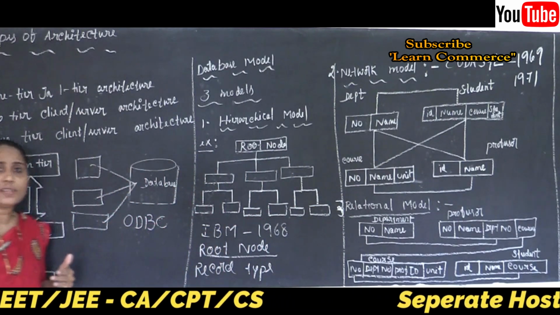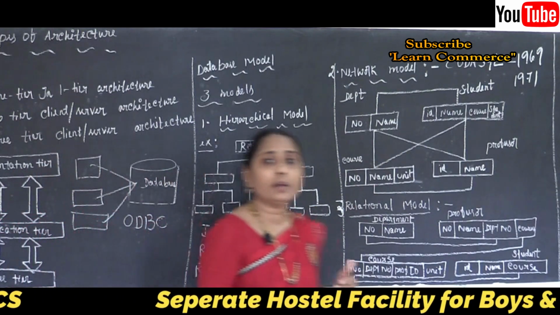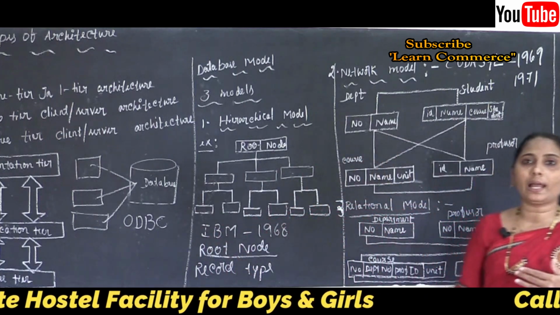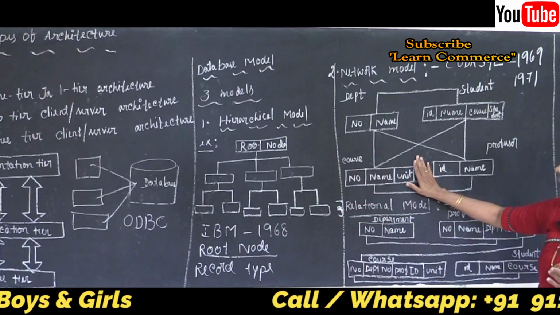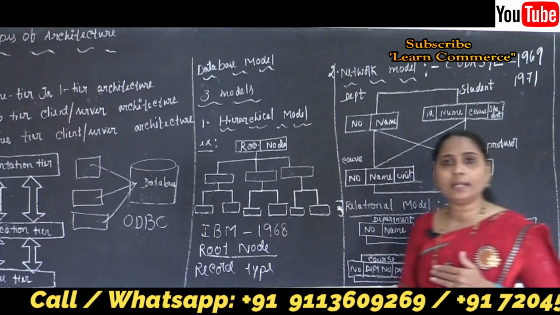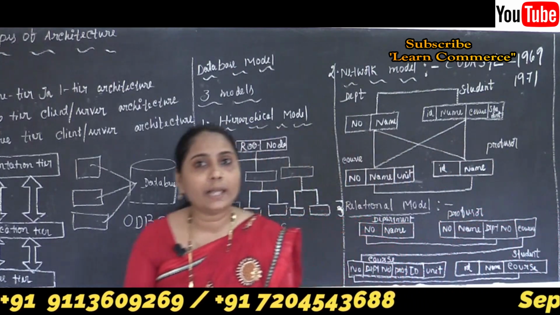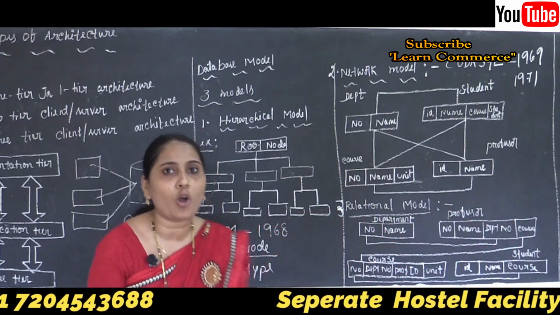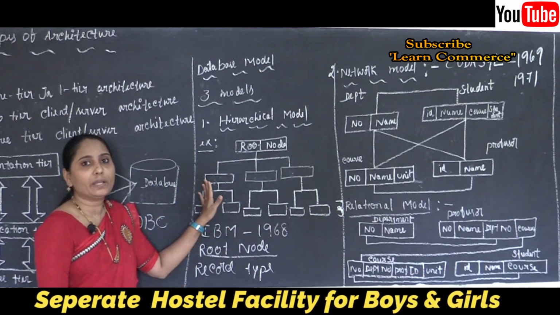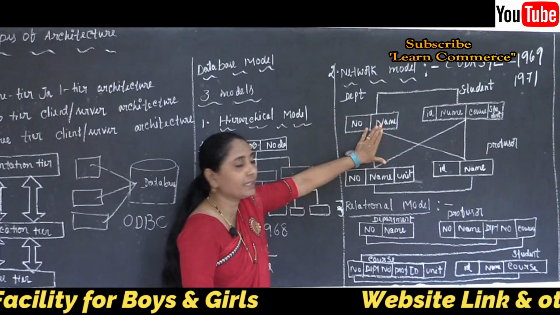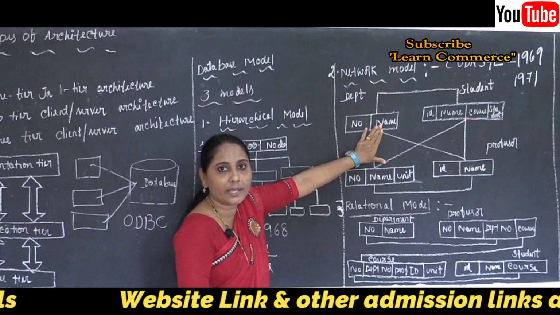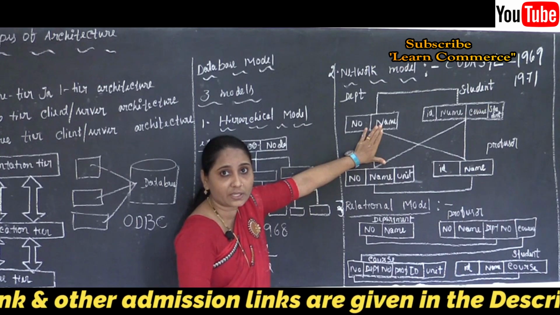Now what's the difference between our hierarchical data model and network data model? In the hierarchical data model, the data is organized in the form of trees, but in the network data model, the data is organized in the form of graphs. Clear this point?